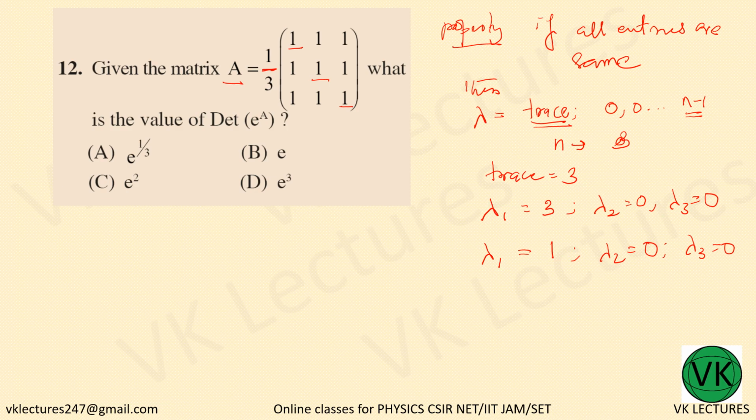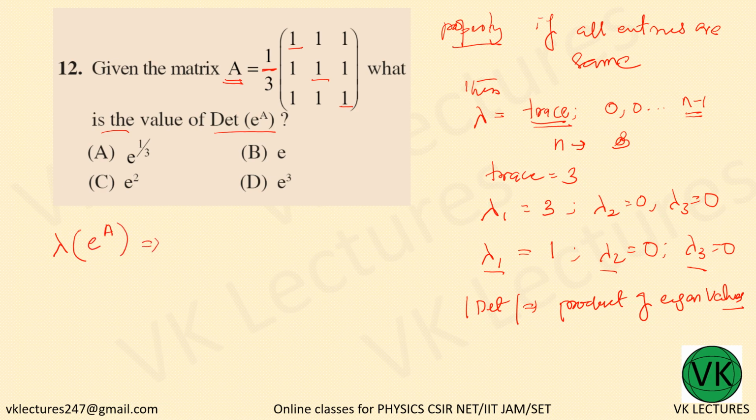Now what is the question? Find the value of determinant of e to the power A. Determinant is nothing but product of eigenvalues. Now if lambda 1, lambda 2, lambda 3 are the eigenvalues of this matrix A, what are the eigenvalues of e to the power A?